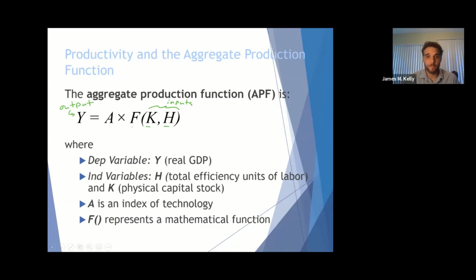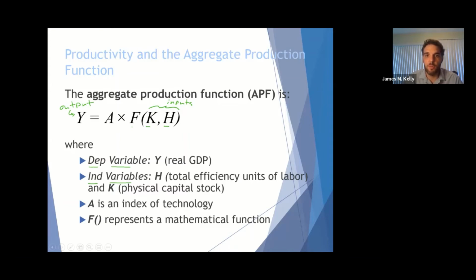Okay? Importantly, output is your dependent variable. So output is going to be determined by the other independent variables and something that indexes for technology. Our independent variables, again, are going to be labor and capital.